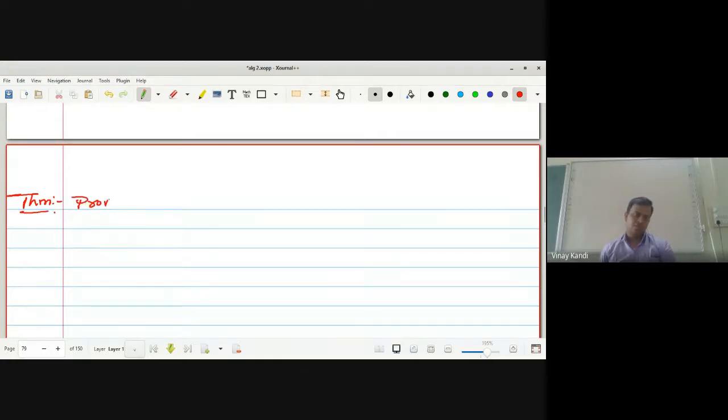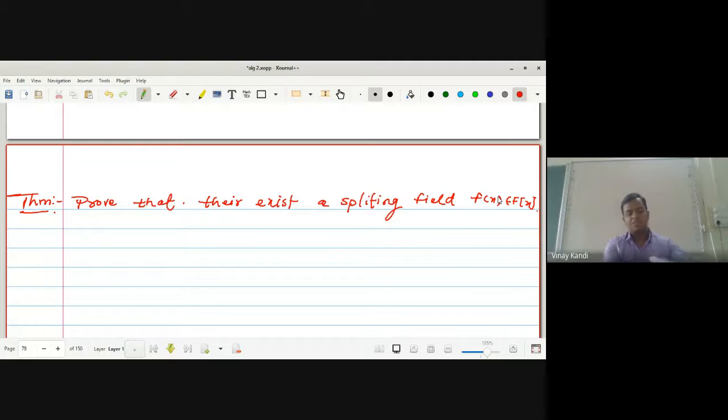Prove that there exists a splitting field for every f(x) belonging to F[x], the ring of polynomials.